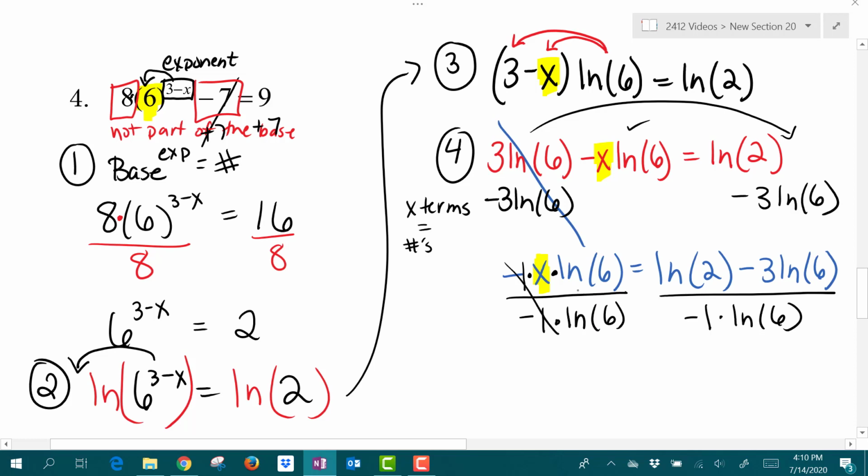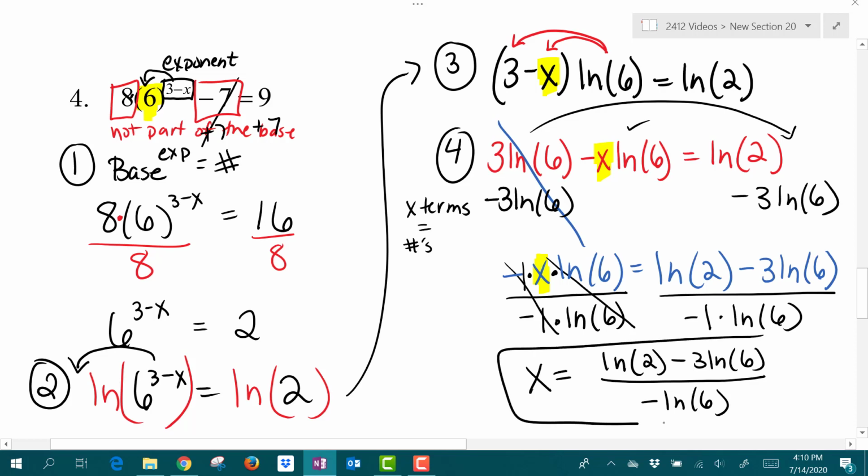So the negative 1's cancel and the natural log of 6 cancels, and I'm left with x is equal to the natural log of 2 minus 3 times the natural log of 6. And I really don't need to write negative 1, I'll just write negative natural log of 6. All right, so there's our exact solution.